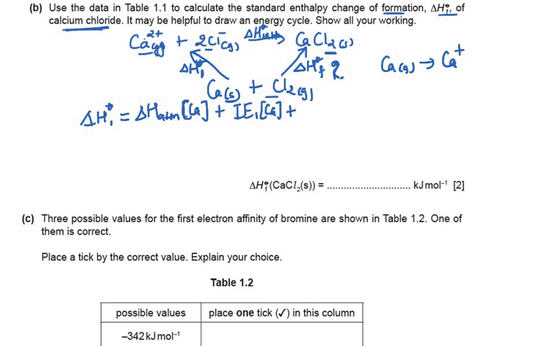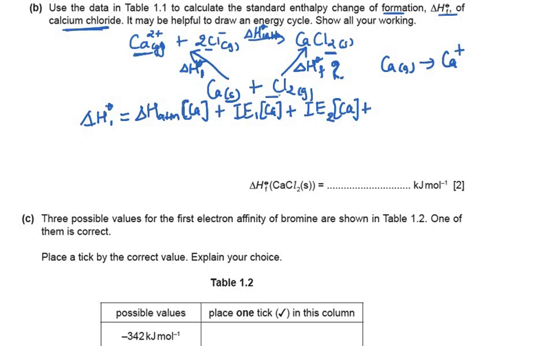Now if calcium is 2 plus, then we need to include the second ionization energy also for calcium. So now we have calcium in a 2 plus state in the gaseous form.